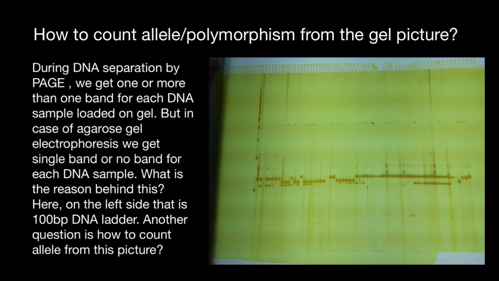So this is the explanation why when you use PAGE you see 2 bands, and when you use agarose gel you see only one band. But I also want to bring to your attention, for example, take a look.